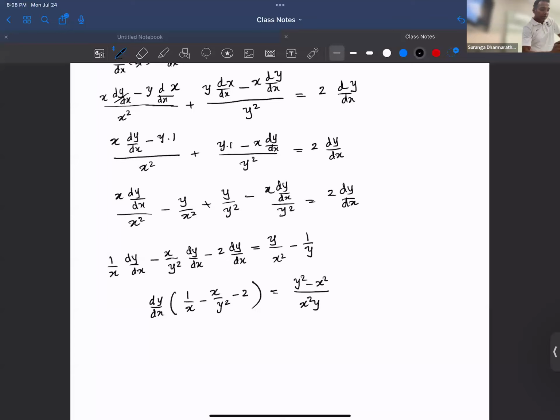And you can further simplify this by taking this side. y squared x is the common denominator, so you get y squared here. You get here x squared minus 2xy squared, equals y squared minus x squared divided by x squared y.